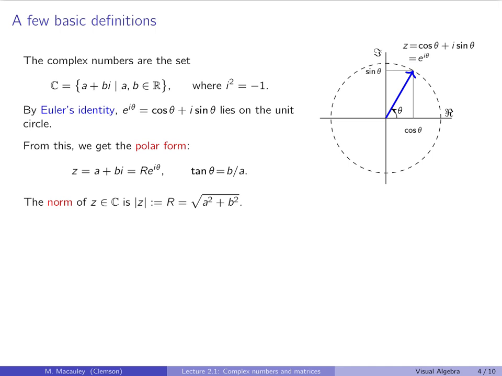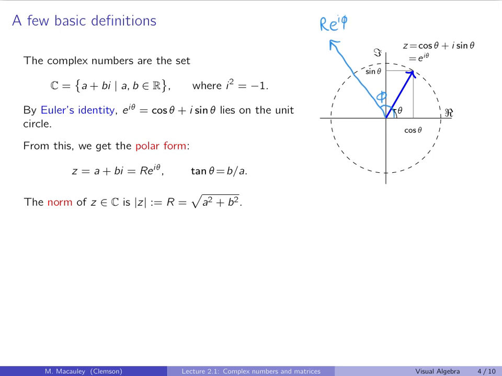From this, we get the polar form of a complex number. If we have a number that does not lie in the unit circle, maybe it's out here, call this not theta, but phi, then this number is r e to the i phi.